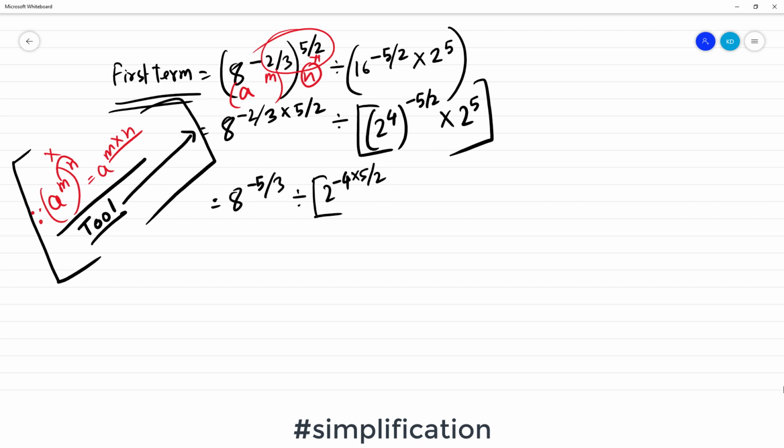Here we are going to use this formula. This is our tool: this is a, this is m, and this one is n. So multiply everything, and when multiplying, invert this, so this minus will be here.